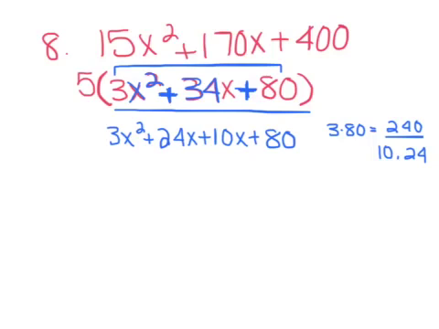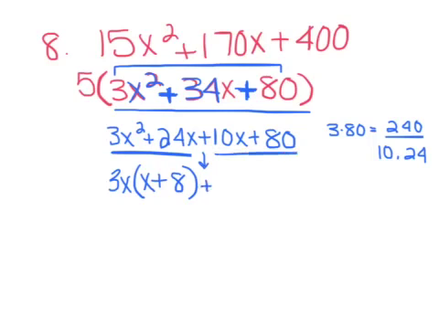And then for the garbage method, you group the first two, look for their GCF. It's 3x. Factor out 3x, you have x plus 8. Bring down the middle sign. Group the last two. GCF would be 10. And you have x plus 8.